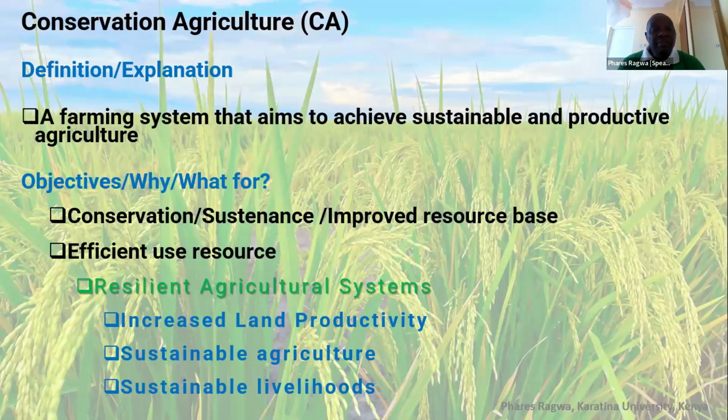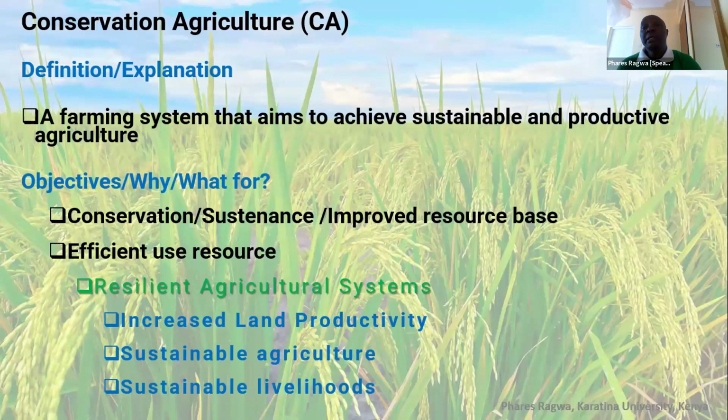Then what are the objectives, therefore, of conservation agriculture? Why do we need conservation agriculture? One is because we need to conserve, sustain, and improve the resource base, which is agriculture, and we also need to use the resource base more efficiently.